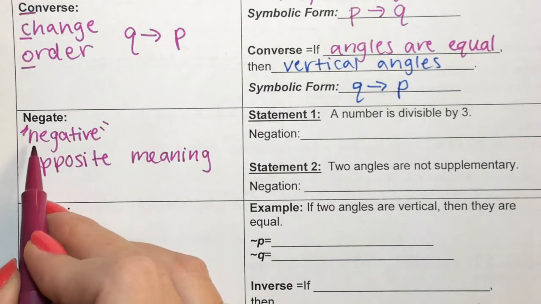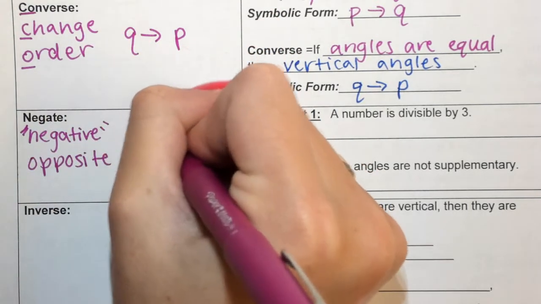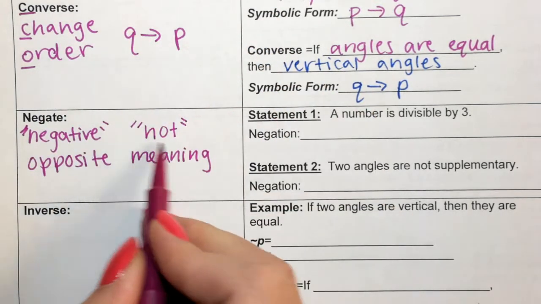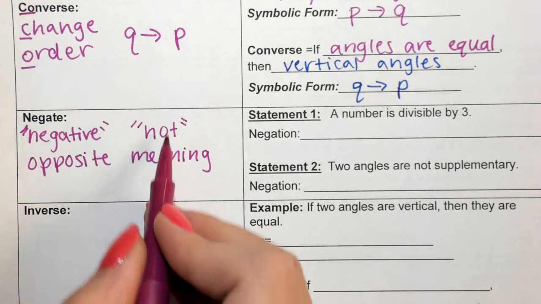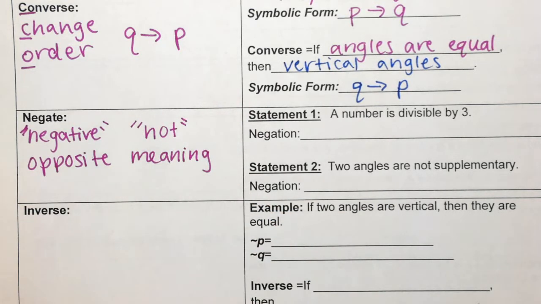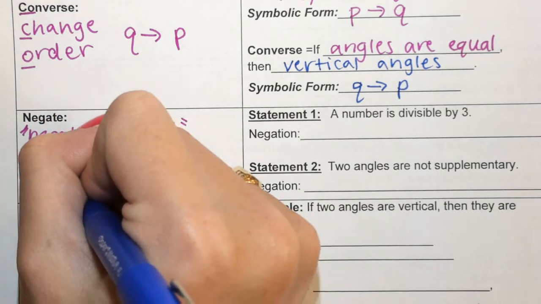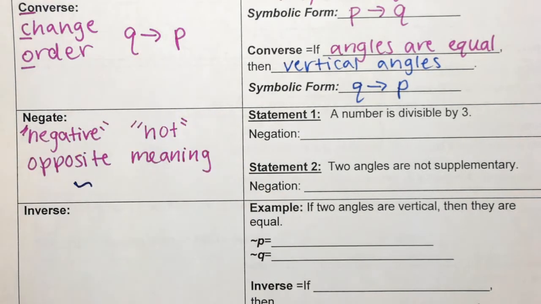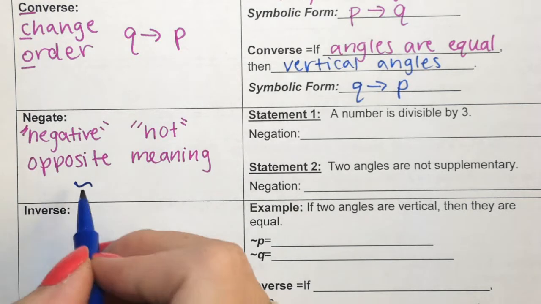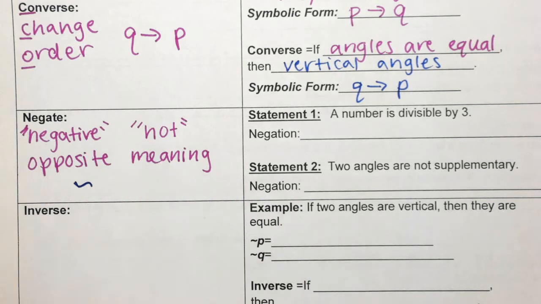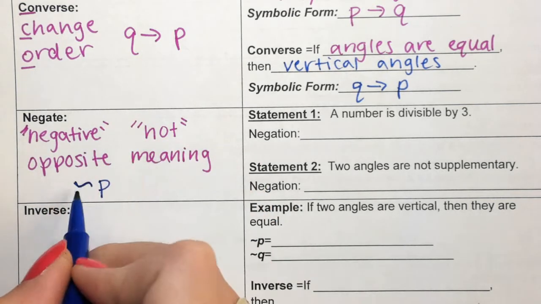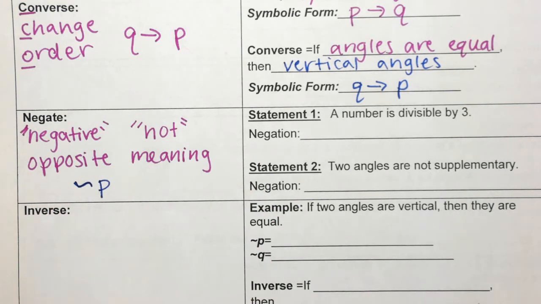So even though it sounds like negative, a common word you'll see is the word not, which sounds negative, but sometimes if you already have a not, it's going to be a little different. The symbolic form for this is using a little squiggle. It's called a tilde, fun fact, on your laptop, but it's a little squiggle, so if you had the negation of P, you would just say like little squiggle P.